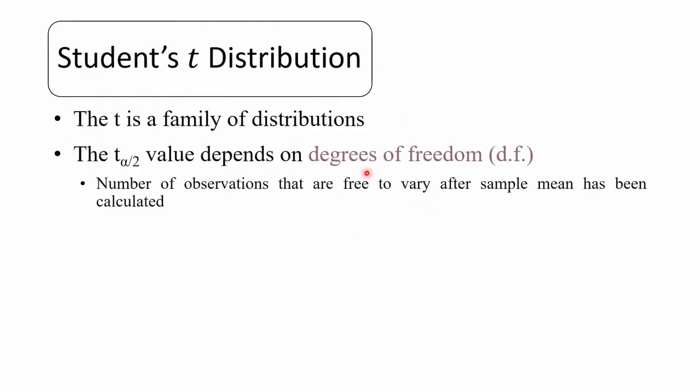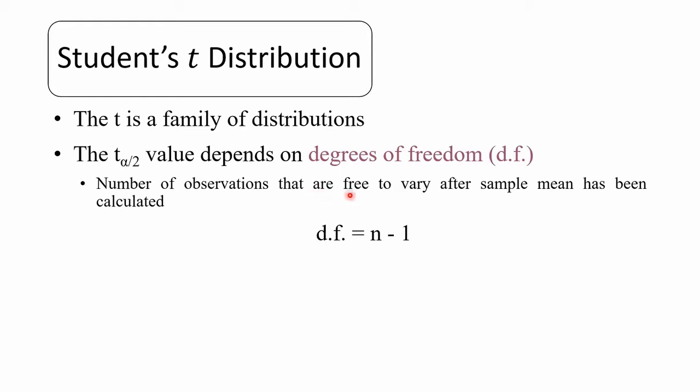Right. So for the student's t distribution, what's important to remember is it is a family of distributions, and it depends on degrees of freedom. Now you're going to learn a new concept, degrees of freedom. The t value depends on these degrees of freedom, and in this case the degrees of freedom is calculated by the sample size minus 1.